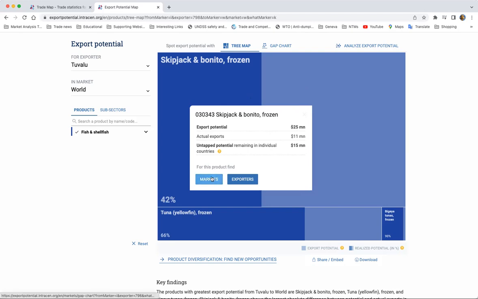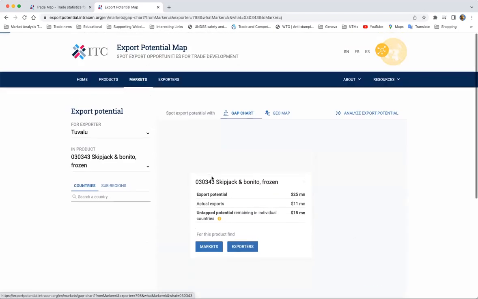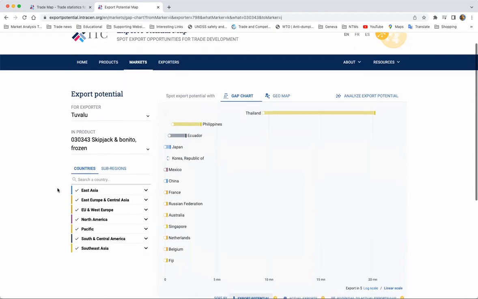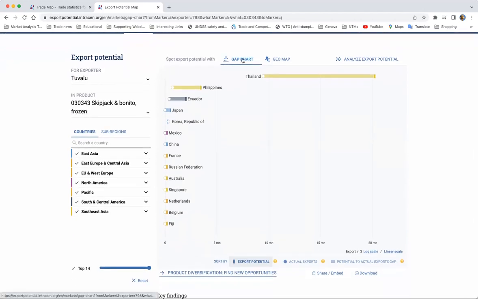If you want to find more markets, then you can click on this button and go into this specific product, Skipjack and Bonito, and you receive immediately a gap chart with the top 14 in this case. As you can see here at the bottom, there is a top 14 of potential countries for this product.